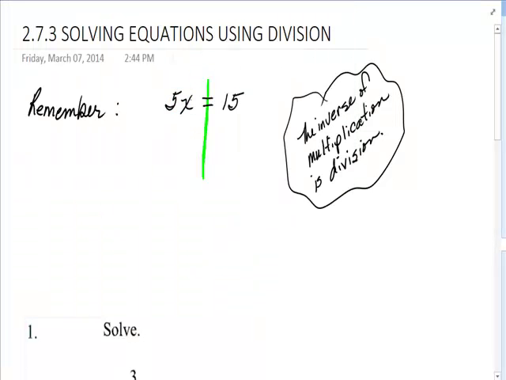When 5 is written right beside x, it means multiplication. The inverse of multiplication is division. So I divide by 5 and I divide by 5. 5 over 5 is 1x, and 15 divided by 5 is 3. The inverse of multiplication is division. That's what we've done in the past.